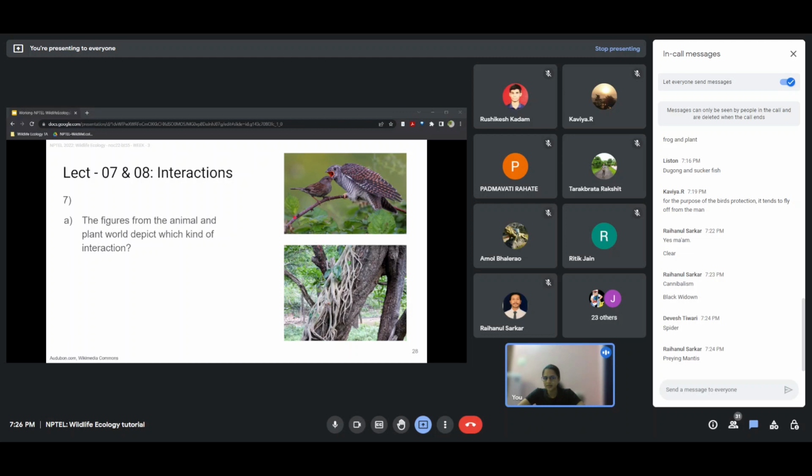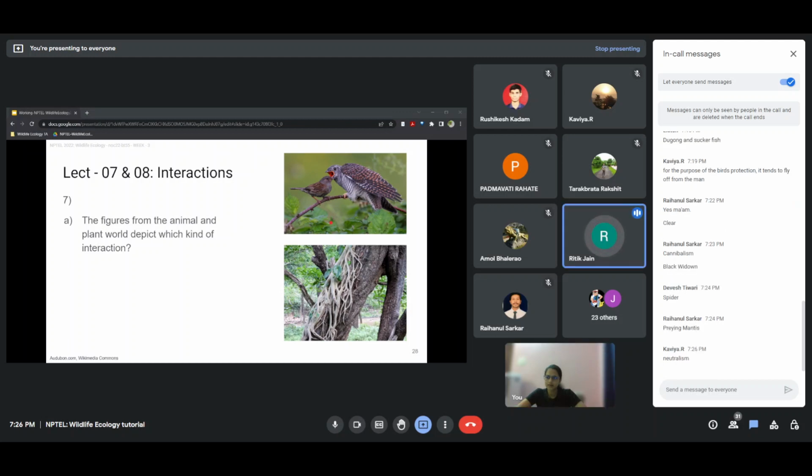And any idea about what's happening in this figure? Neutralism, not really. No, actually, they are parasitic plants. They are actually ficus species.